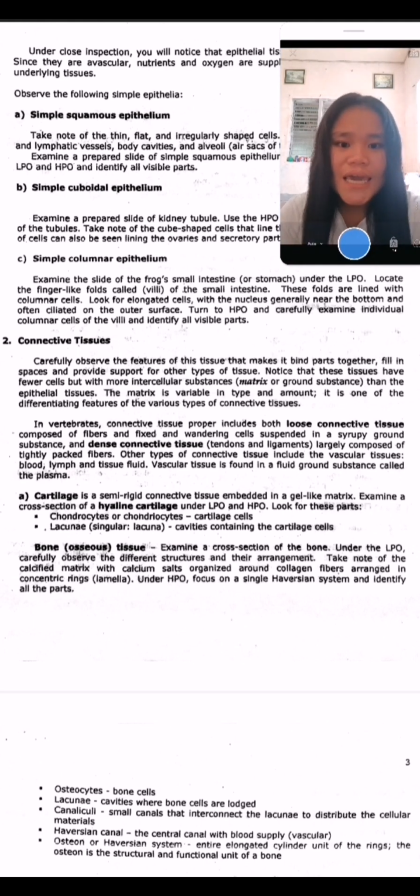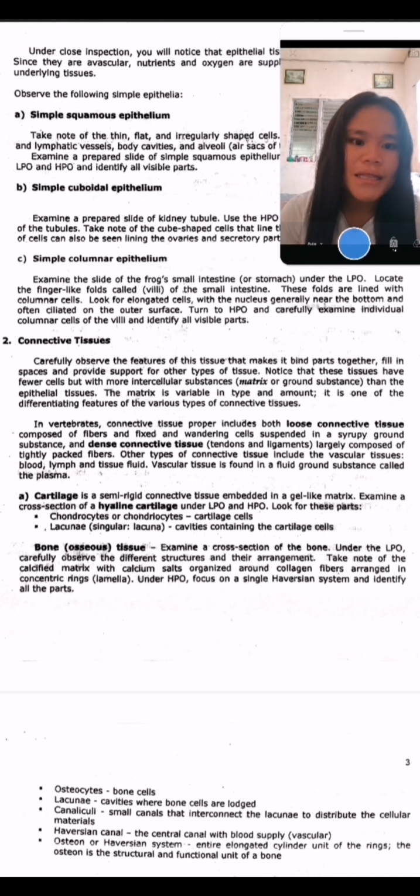Letter A is for cartilage. We tackle what cartilage is. Cartilage is a semi-rigid connective tissue embedded in a gel-like matrix.